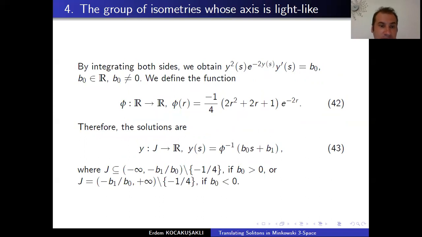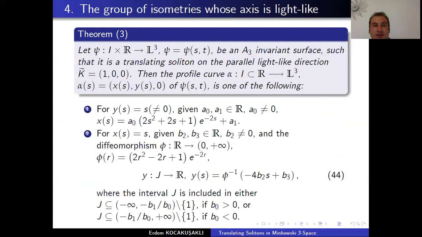By using phi, we obtain the solution y given in equality 43, and then we can give our theorem. The theorem says: let PC be an A3 invariant surface such that it is a translating soliton in the parallel light-like direction K. Then the profile curve alpha is one of the following.